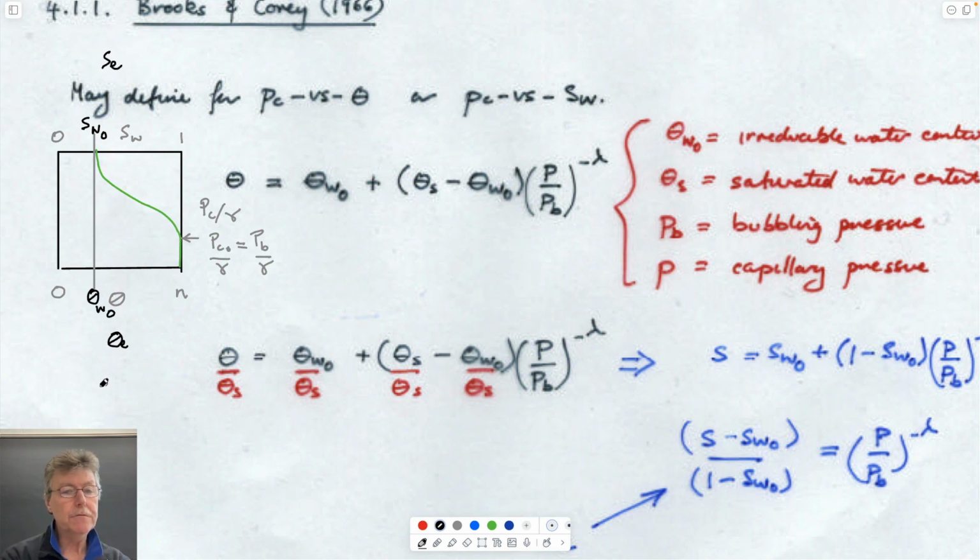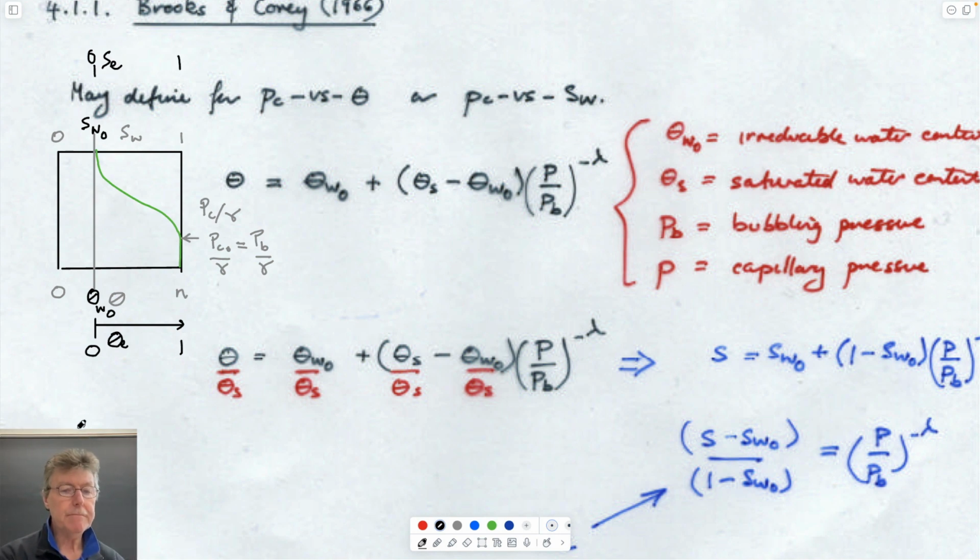All we're going to do for that is start our scale here at the irreducible saturation, right here. So this now is going to be 0, and this now is going to be 100%. And likewise, the saturation at this point is going to be 0, and it's going to go to 1.